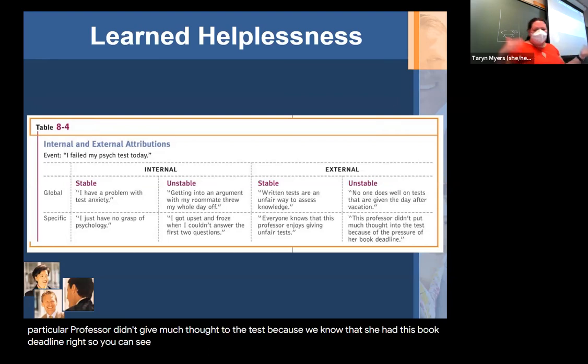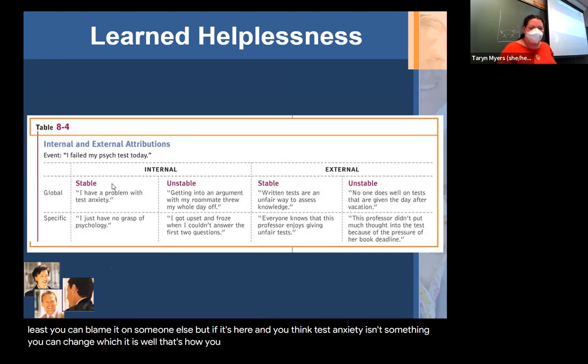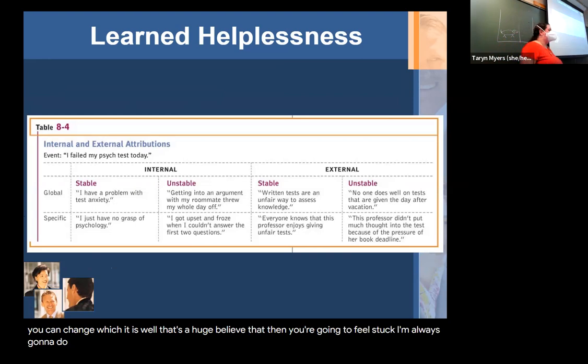So you can see with all of those, you feel like there's probably something you can do, or at least you can blame it on someone else. But if it's here and you think test anxiety isn't something you can change, which it is, but let's say you believe that, then you're going to feel stuck. I'm always going to do poorly on tests because I have this problem with me that isn't going to change.